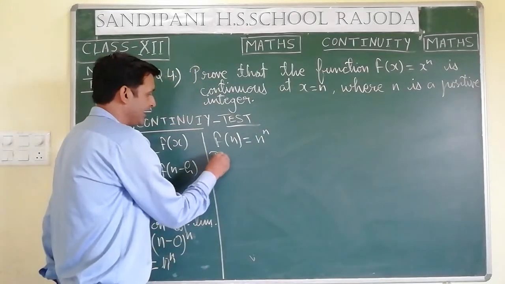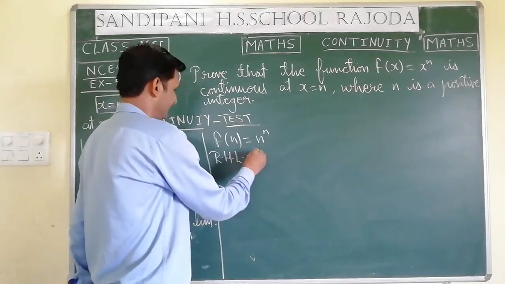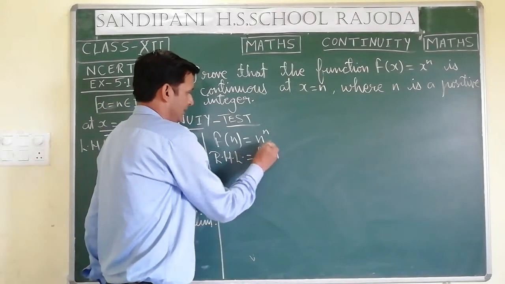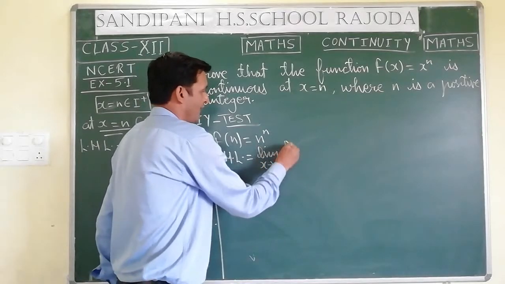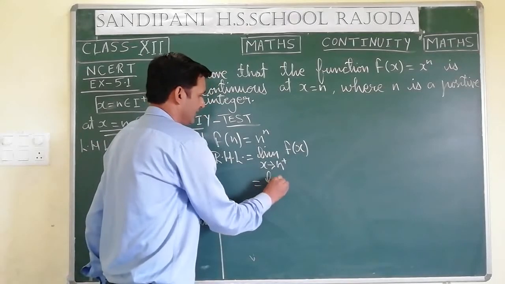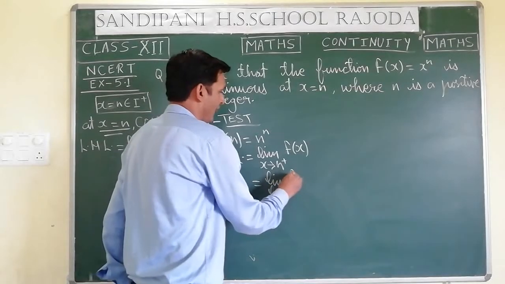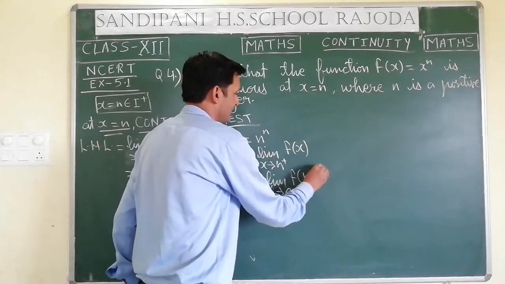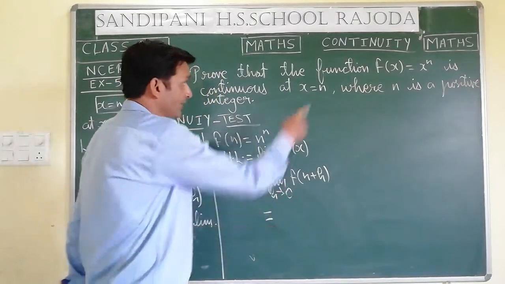Now right hand limit, that is equal to limit x tends to n plus f of x, which is equal to limit h tends to 0 f of n plus h, and now we may write n plus h in place of x.